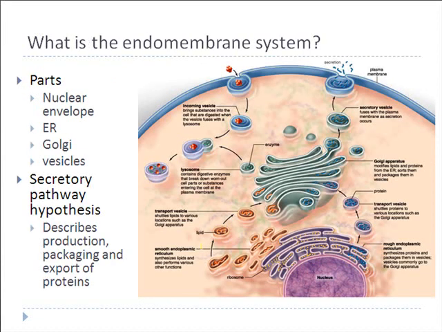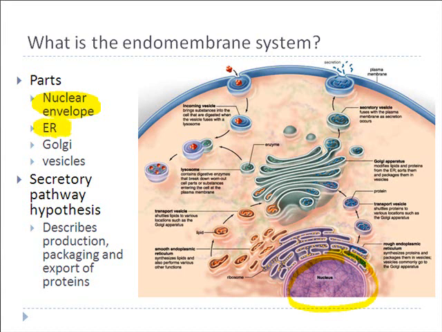Now, the last thing I want to talk very briefly about is something called the endomembrane system, which is found in all eukaryotic cells. The endomembrane system is a system by which we involve a series of organelles in the process of manufacturing and exporting proteins from the cell. The pieces and parts involved include the outer coating of the nucleus, which is called the nuclear envelope, right here.